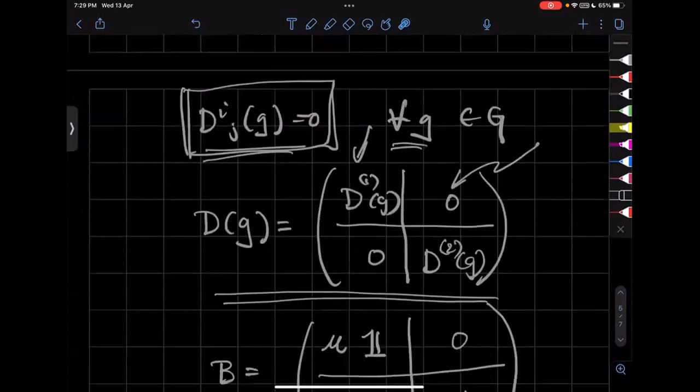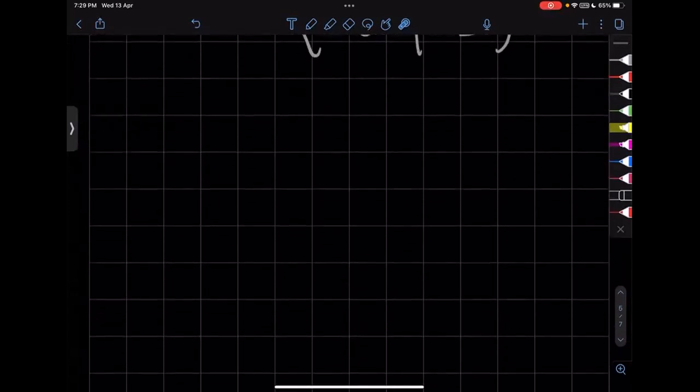Okay, so Schur's Lemma has a lot of implications. And one of them is that the unitary irreducible representations of finite and compact abelian groups are one-dimensional.